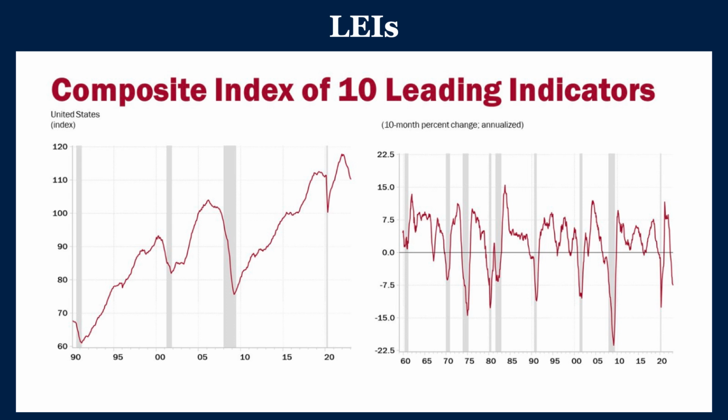If you find that chart on Google Images and look at it back to 1960, you can basically see that all of the soft landings, in the mid-60s, mid-80s, mid-90s, also 2018.